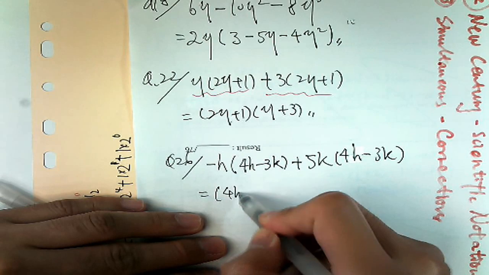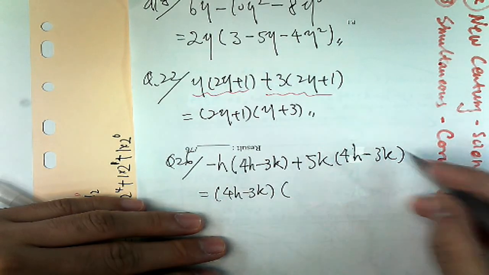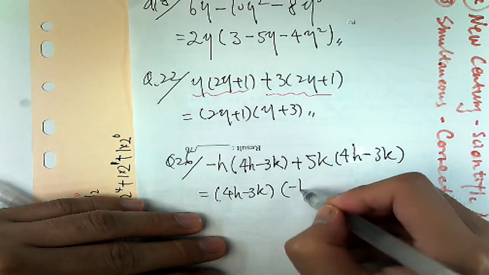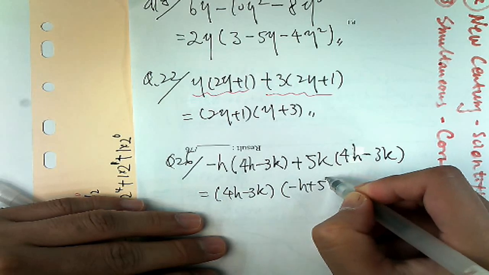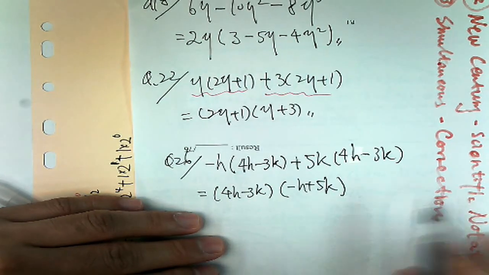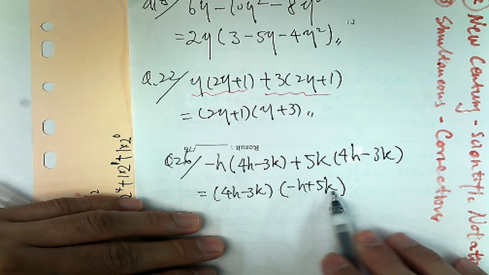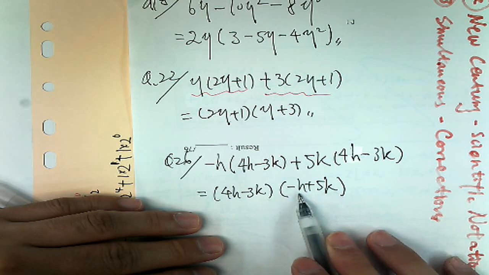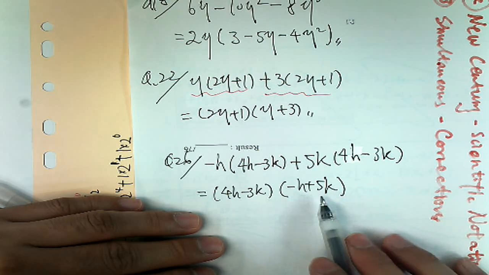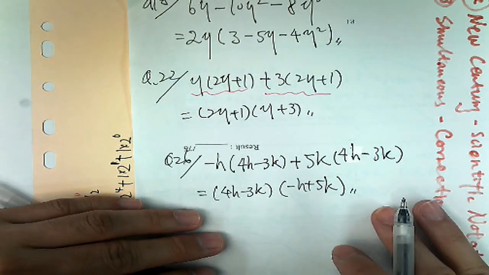So you pull out this common block, and give a bracket (-h + 5k). Understand? Actually, you can just reverse the order of these two terms. Make it 5k - h. That would be better. Okay? But if you keep this, it's okay. Understand?